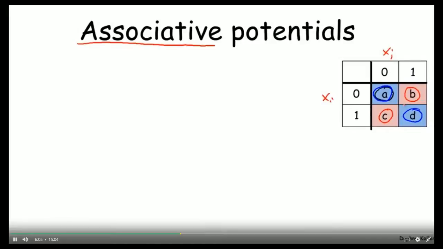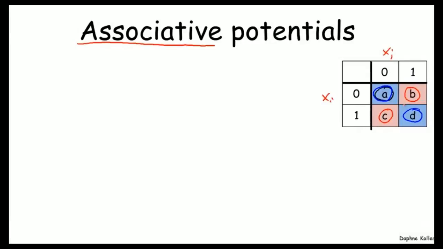And what we would like in an associative model is for the 0,0 and 1,1 cases to be preferred over the off-diagonal cases.